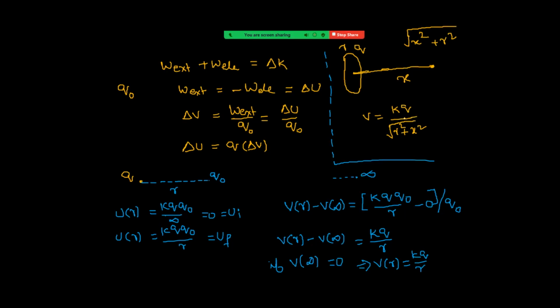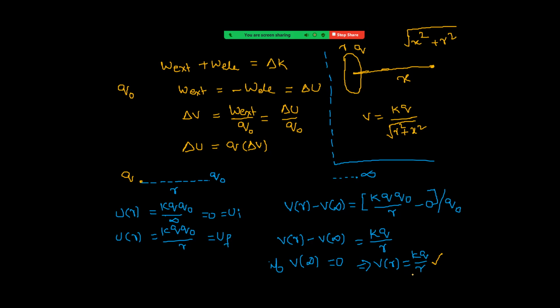Right? And if you observe carefully, potential due to positive charge is positive. Potential due to negative charge is negative. We can say the same thing here also. Due to point charge at a distance r, potential is kq by r. Right? If charge is positive, potential is positive. If charge is negative, potential is negative.